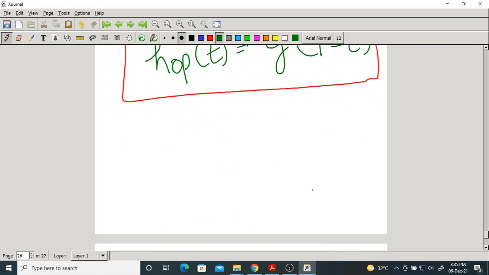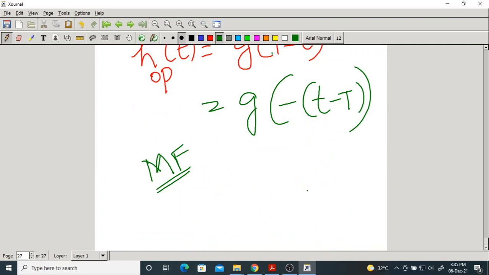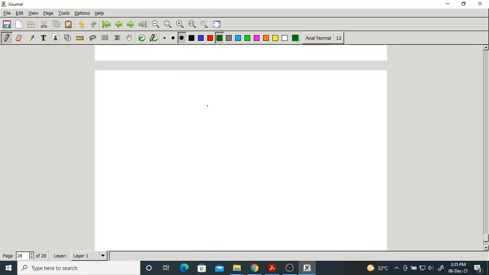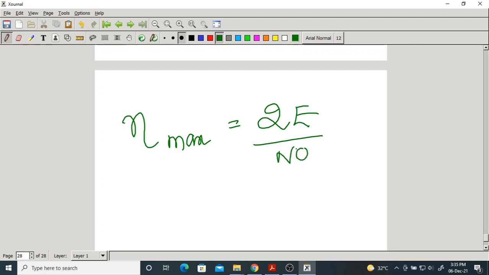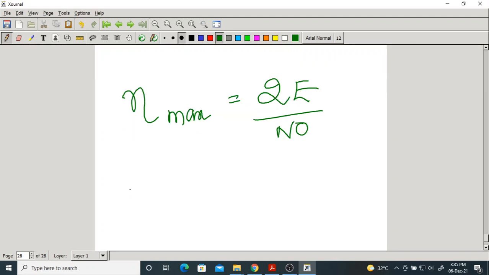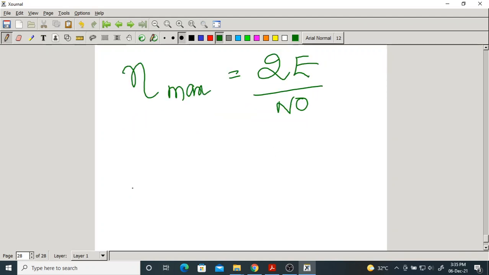If it is energy, what is the maximum SNR? It is 2 times energy by N naught. So when SNR is maximum, E by N naught is maximum, so the probability of error will be minimum. That is the logic.